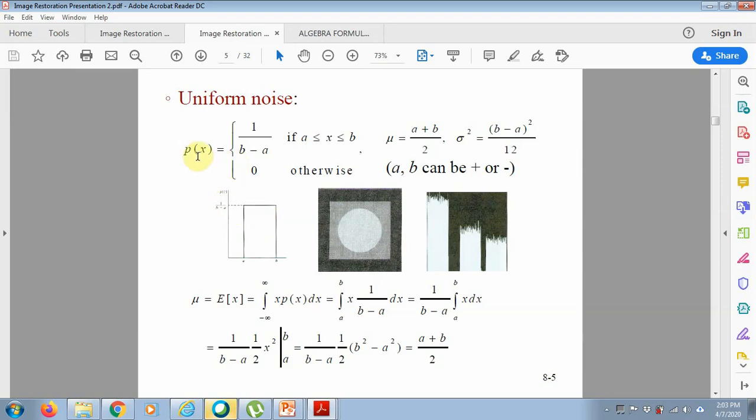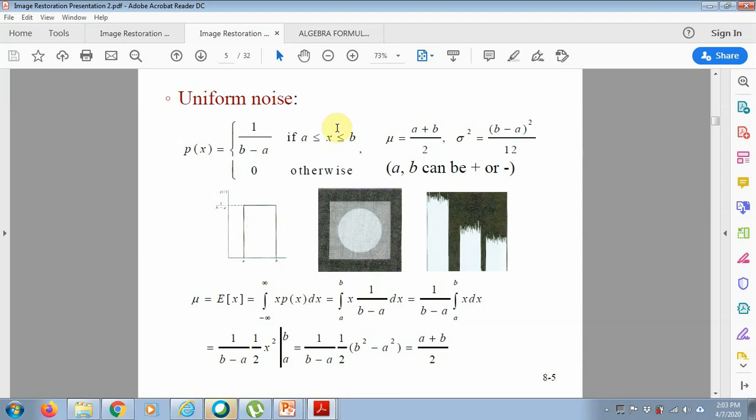So the function for uniform noise will be P(x) equivalent to 1 upon b minus a if the value is between a and b, that is x greater than or equal to a and less than or equal to b. For this region I have the function 1 upon b minus a, otherwise it is 0 on either side of this probability density function.